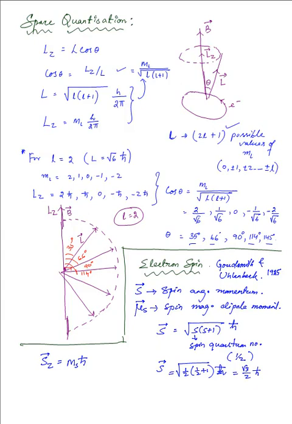So ms takes plus half and minus half as the values, and if we are using plus half, then we have Sz equal to half h bar, and we have Sz equal to minus half h bar when ms takes the negative value.